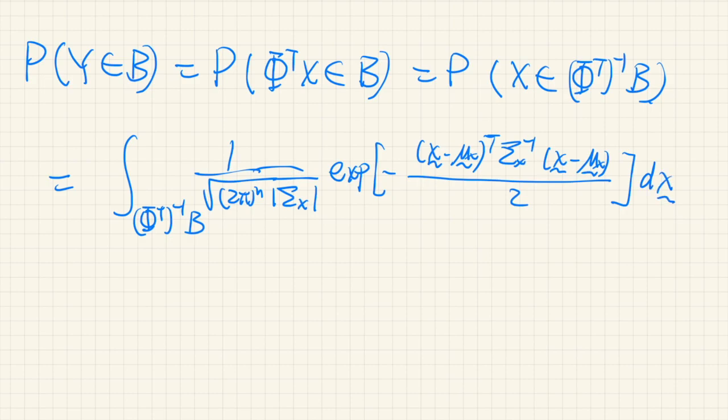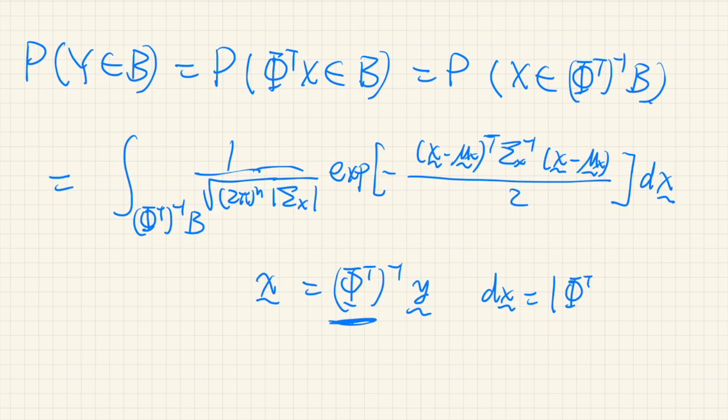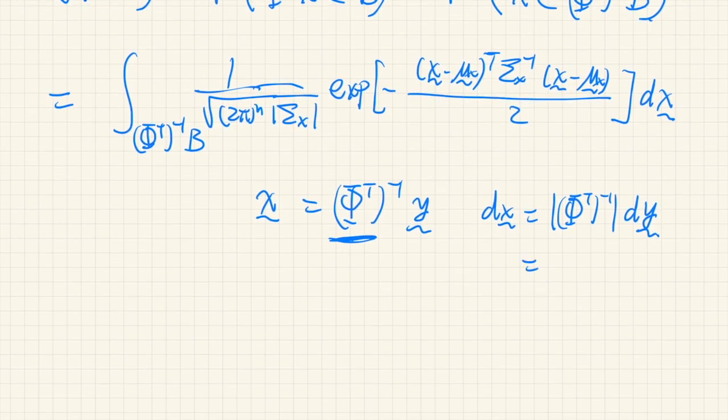dx. Now let's change the variables in this integral from x to y by this transformation. x is equal to phi transpose inverse of y. So that means we have the Jacobian, the determinant of this, right? So dx is the determinant of phi transpose inverse of n dy, which is actually 1 over the determinant of phi.